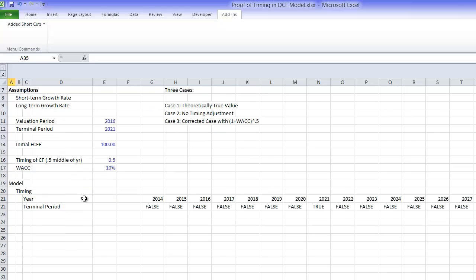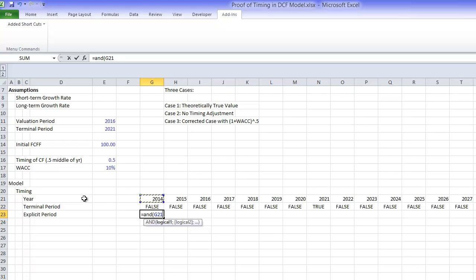Now, the second one we can put in is the evaluation explicit period. This will be an AND function.